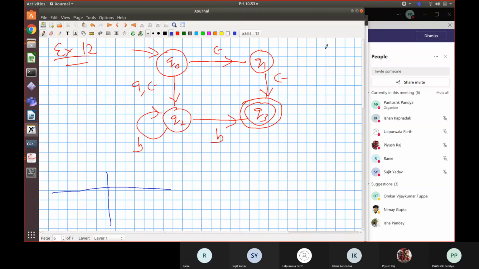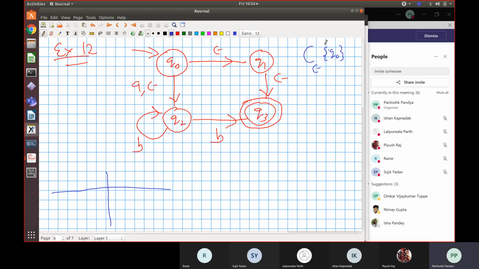The initial state of a DFA corresponding to an epsilon NFA is what? You take the set of start states of this epsilon NFA, which in our case is just Q0. But there could have been more than one start state. So you take Q0, and what do you do?